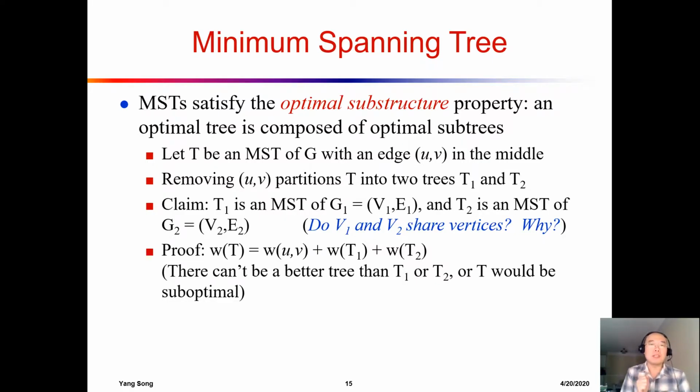Okay, so this is the concept of optimal substructure. To build the optimal MST, the target is to build optimal sub MSTs, and then we connect them together using the lowest weight, and then we have an optimal MST.